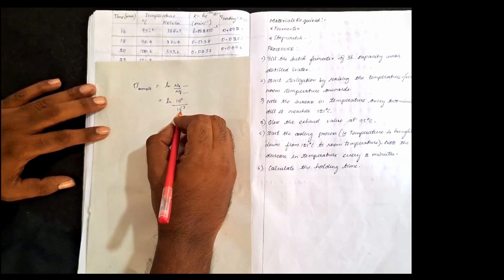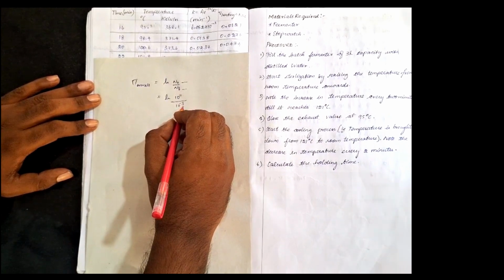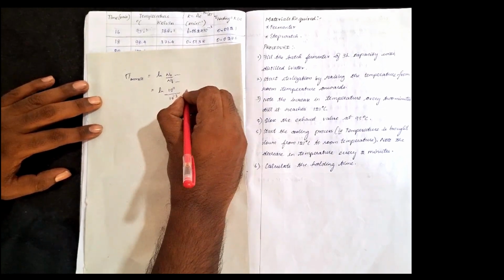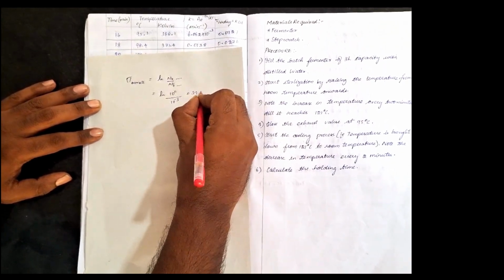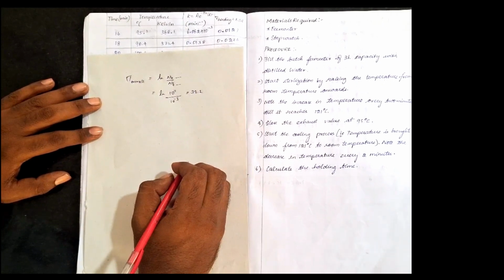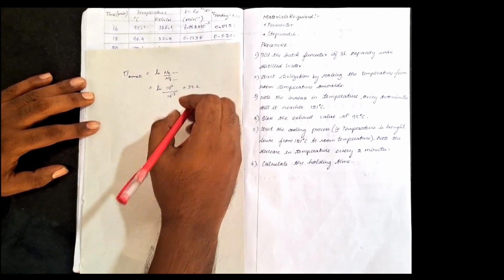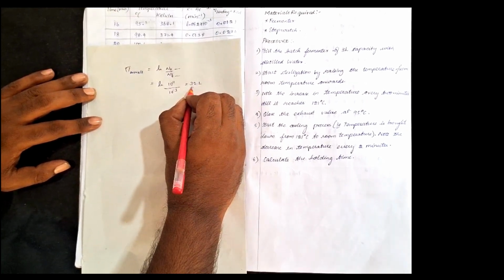As I said previously, 10 to the power minus 3 means in every 1000 batch sterilizations, one cell can escape. So this value is 32.2. After doing the batch sterilization, which consists of heating cycle, holding cycle and cooling cycle, the overall del factor should be 32.2.